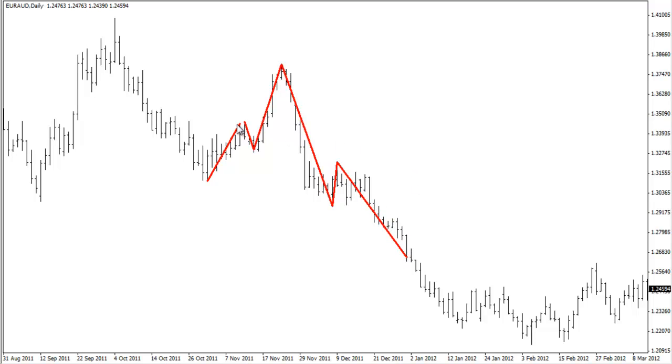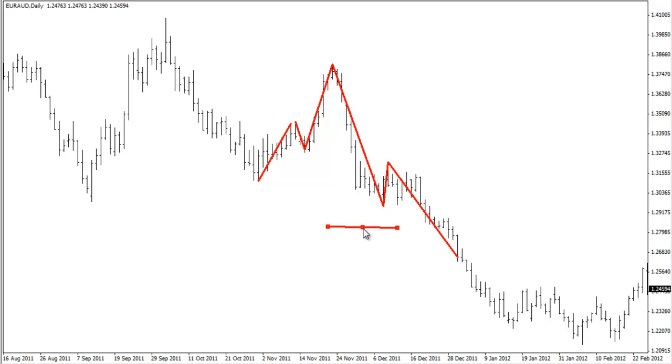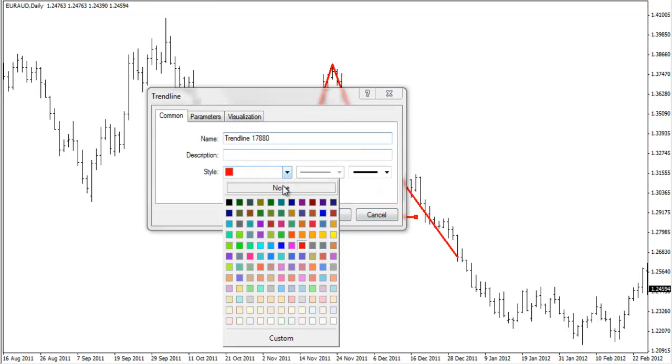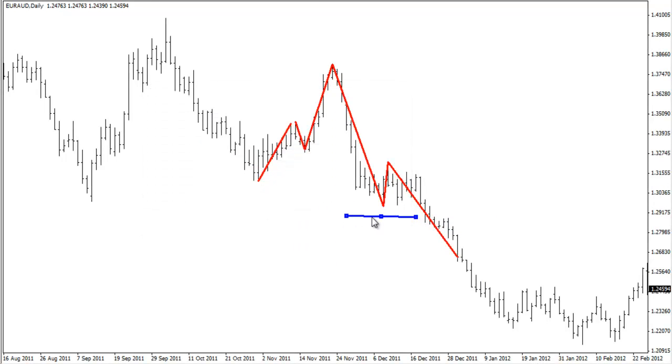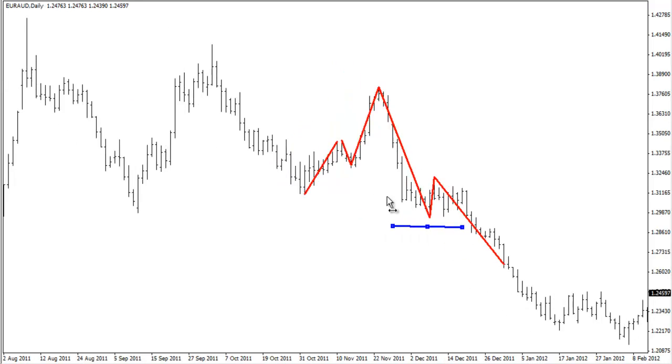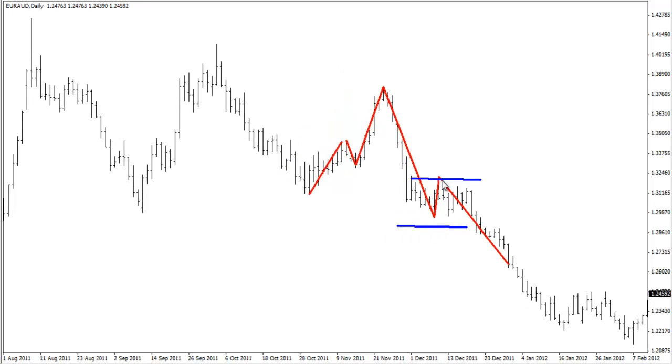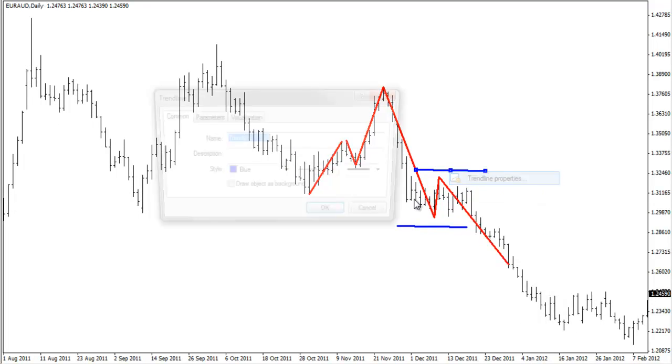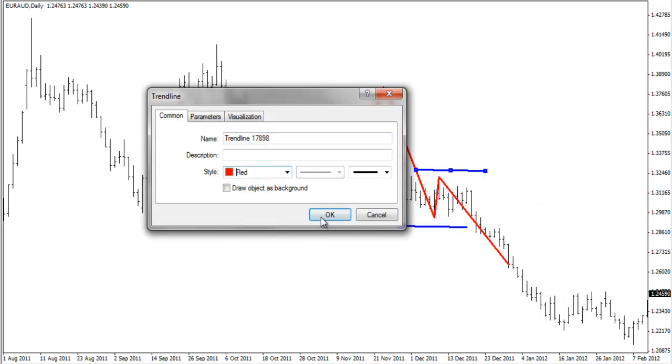Now we can see in this example, having an entry point around this area here makes a lot of sense. And having a stop loss around this area here again makes a lot of sense.